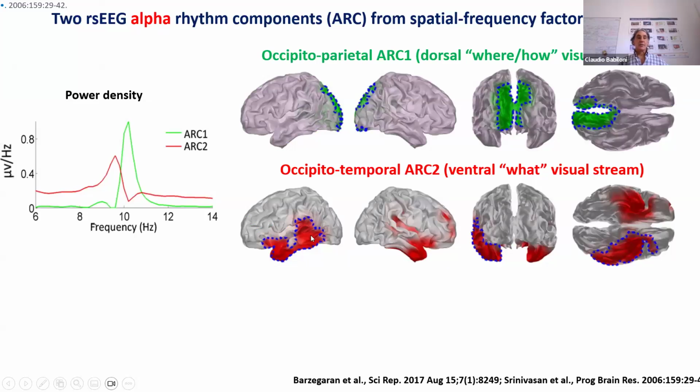In this slide, we see another interesting result, more recent.